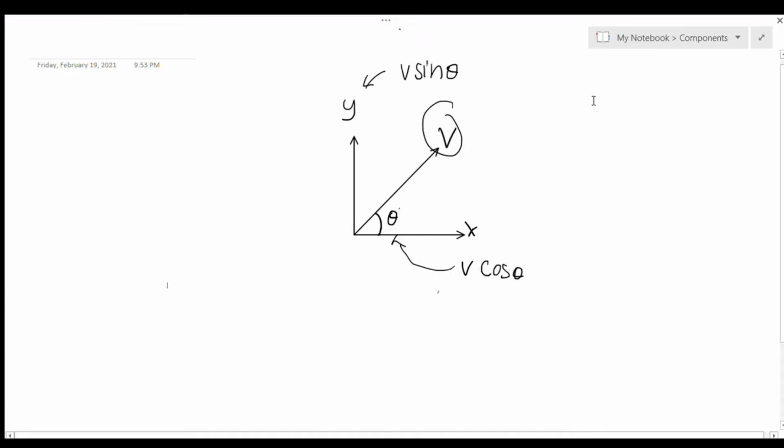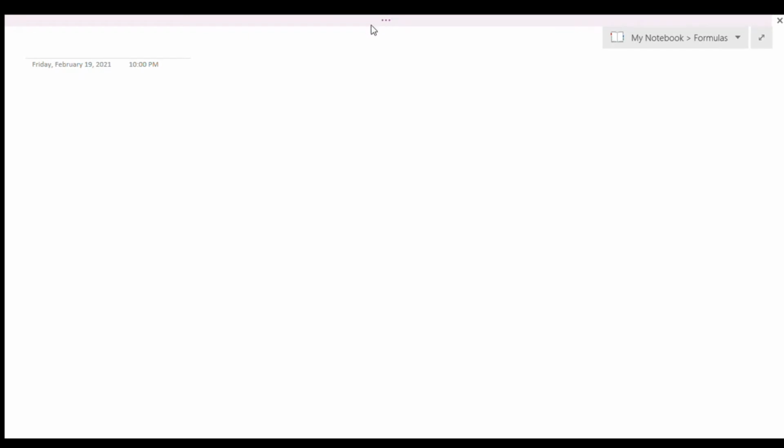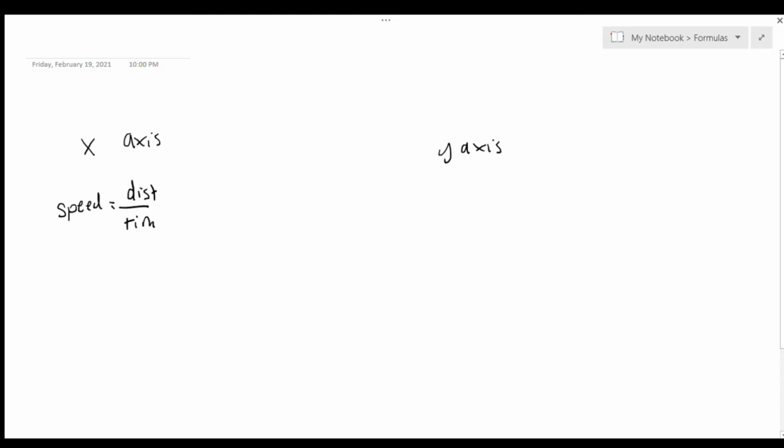Okay, now, the second part that is important to solving a projectile motion problem would be knowing the formulas. Now, the formulas can be split into two parts, which is the formula for the x-axis and the formulas for the y-axis. The formula for the x-axis can include some simple things like speed equals distance over time, which can be used to find any of these three if the other two are given.